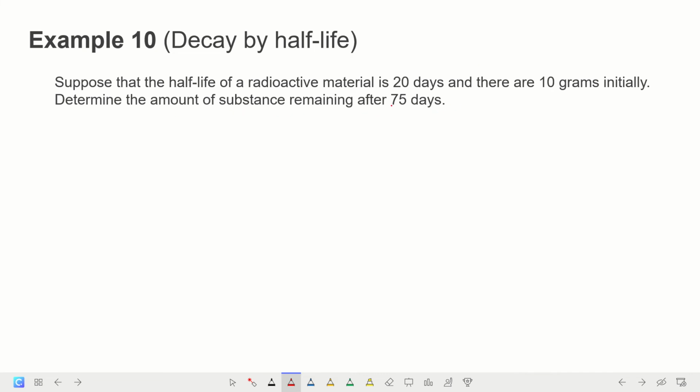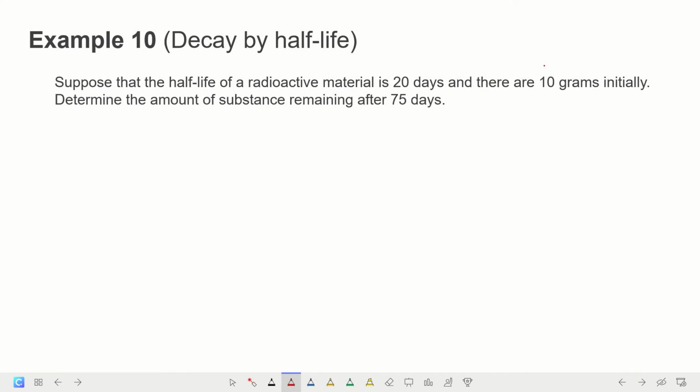Meaning, after 20 days, if we have an initial value of 10 grams, this will be equal to 5 grams. But here, we're talking about 75 days. So, after 75 days, ilan na lang ba ang matitira?